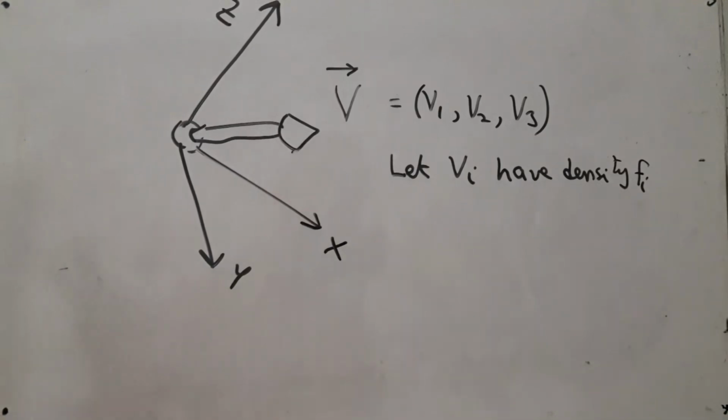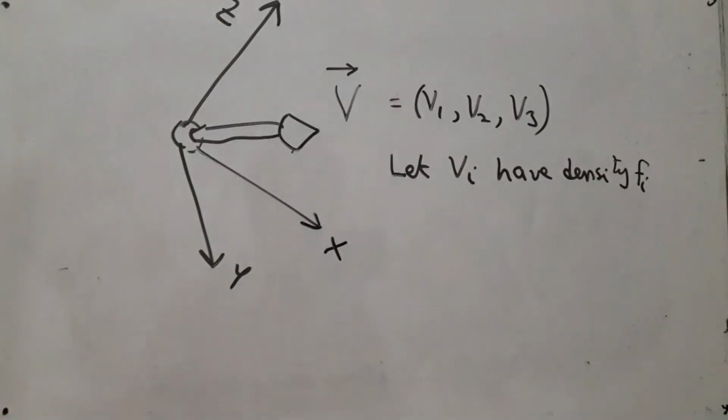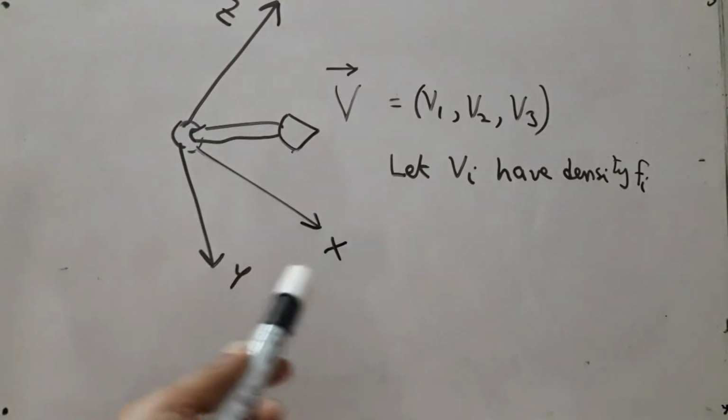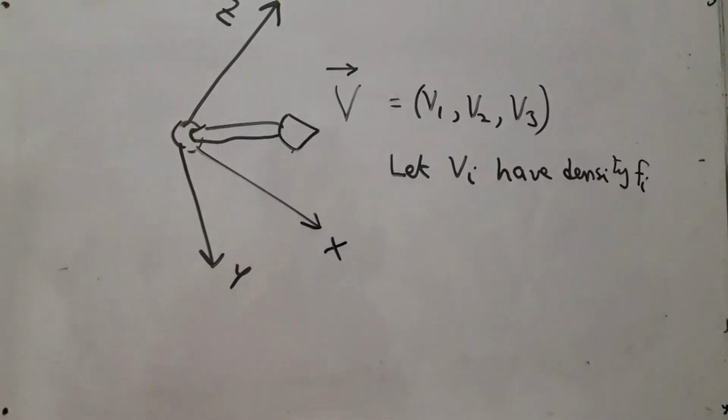He is assuming that this gas does not have any overall flow. So though some molecules are moving in this direction, some in that direction, there is no overall flow. So it is not that most of the molecules are moving in a certain direction. If that is the case, then there is no reason to choose one direction preferably over any other direction, which naturally means whatever you can say along the X direction can be said along the Y direction and can be said along the Z direction.